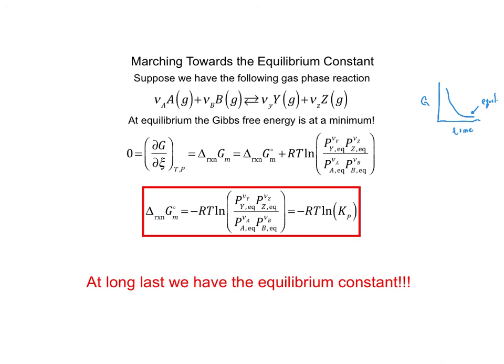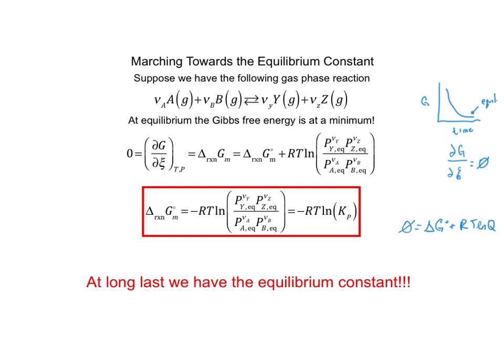And that is where we can say that the change in Gibbs with respect to the extent of the reaction is equal to 0. And so if that's the case, then that means that this whole term, this delta G standard plus RT ln of Q, is equal to 0.